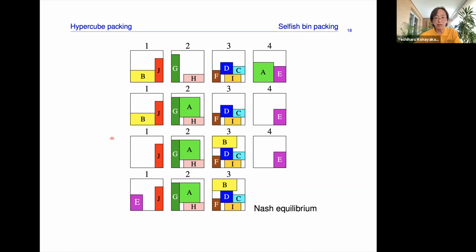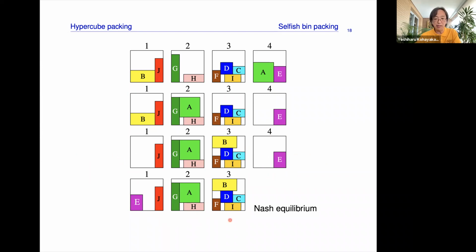From the second row to the third row, B realizes that it would pay less if it moves to bin 3, so that is what it did. Now E here, which is paying 1 at the moment, if it goes to bin 1, will pay less than 1, because there is this mate J in bin 1.